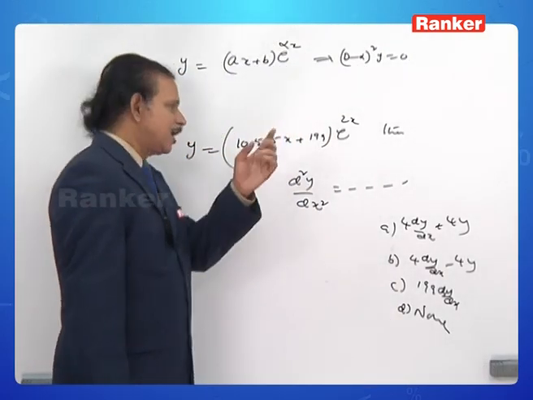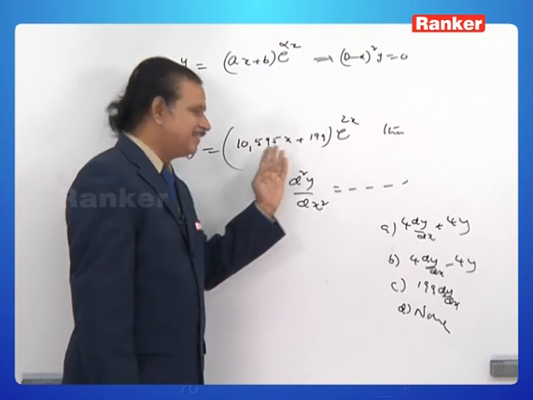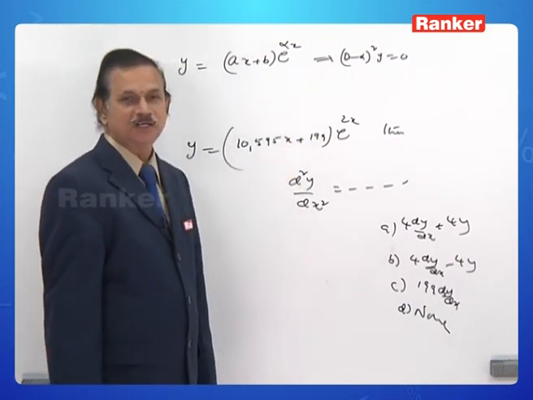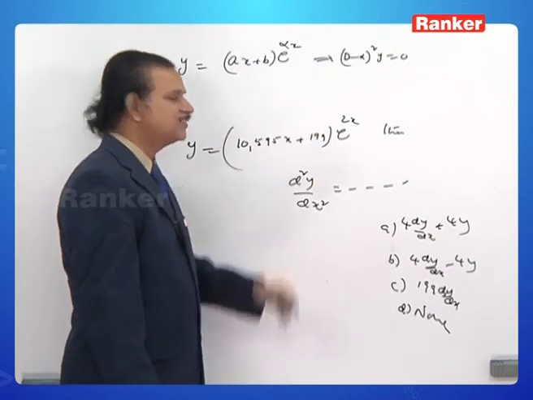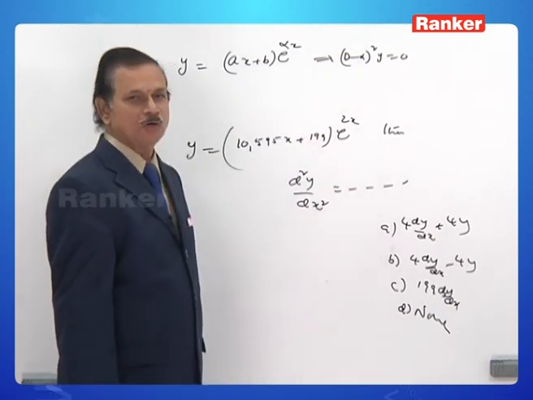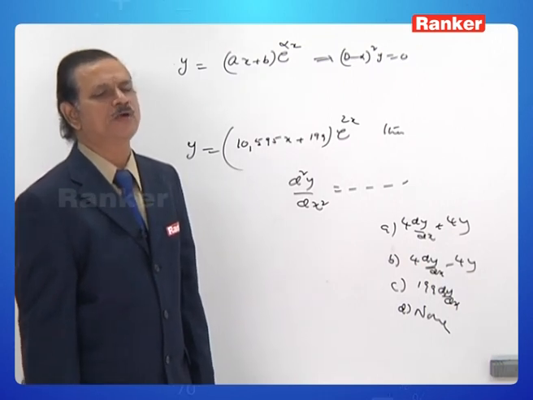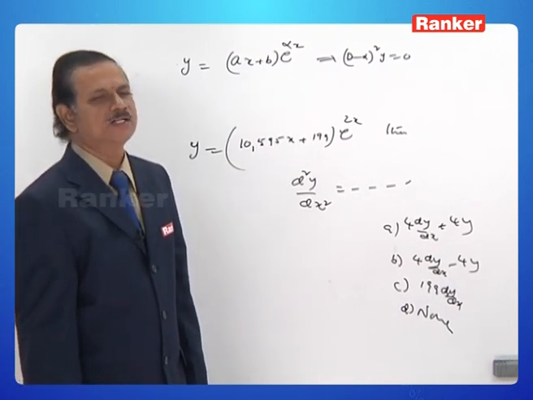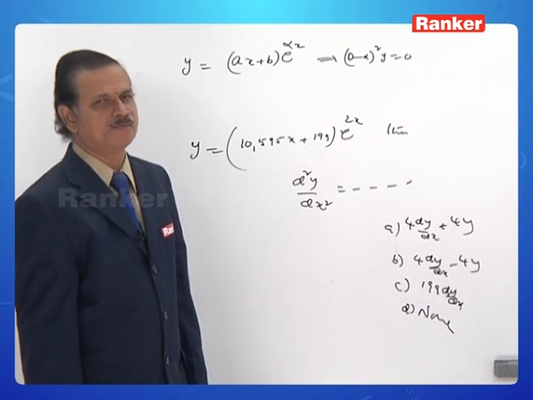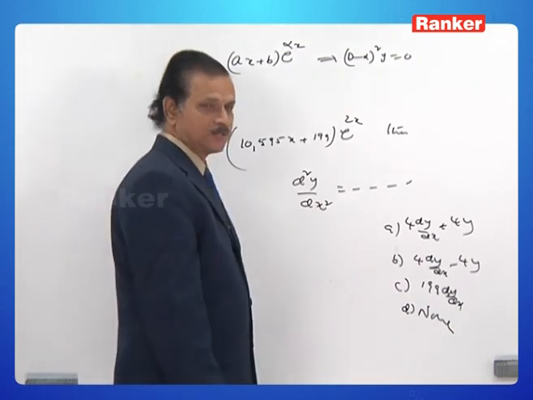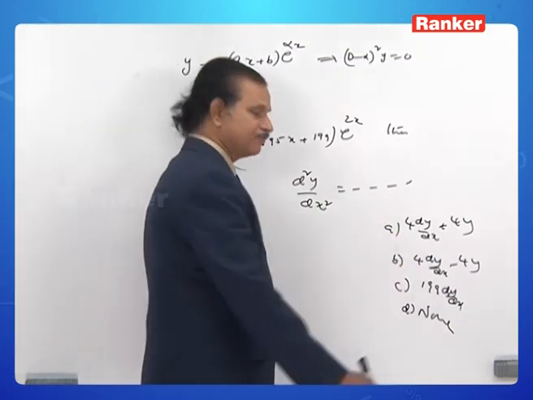You just do not look at these two numbers. You call this (ax plus b) into e power alpha x. You just note alpha. What is alpha? 2. (d minus 2) whole square of y is equal to 0. What is (d minus 2) whole square? d square minus 4d plus 4. That is d square y by dx square minus 4 dy by dx plus 4y is equal to 0. So d square y by dx square is equal to 4 dy by dx minus 4y.